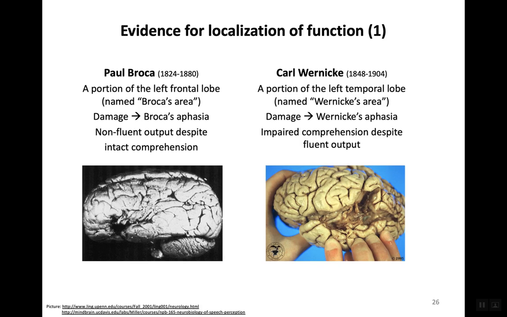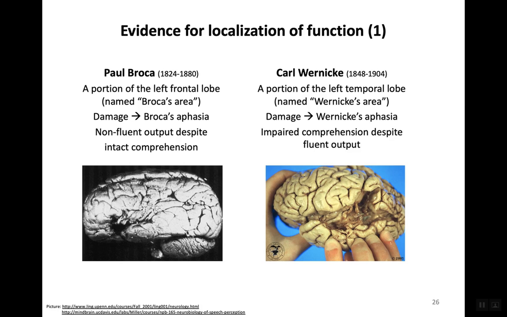And it was Karl Wernicke in the 1800s who had the opportunity to look at 6 such individuals with impaired comprehension despite fluent output. These individuals could talk, and could talk quite a lot. And he identified a portion in a different part of the brain, in the left temporal lobe, which later became known as Wernicke's area.